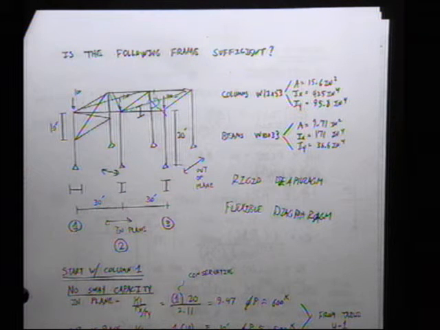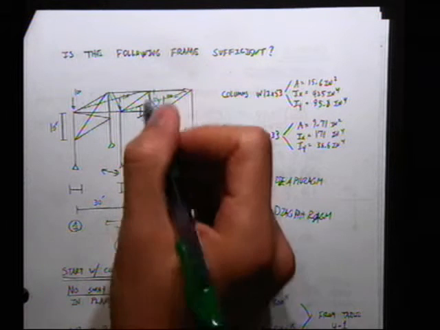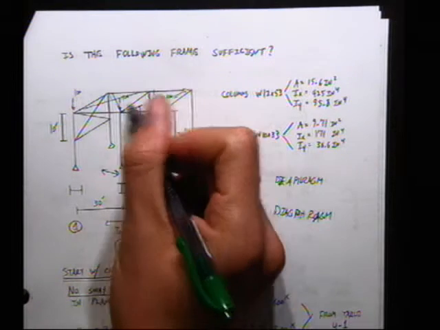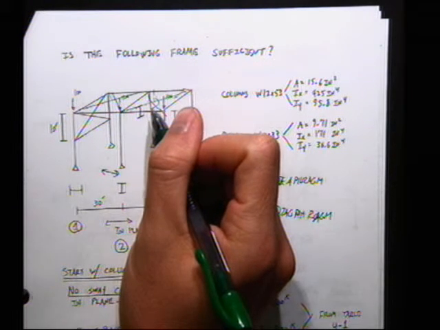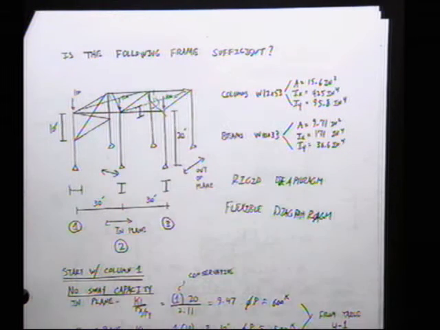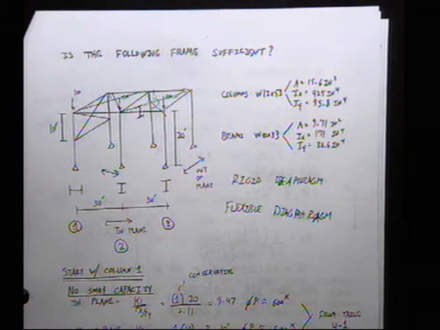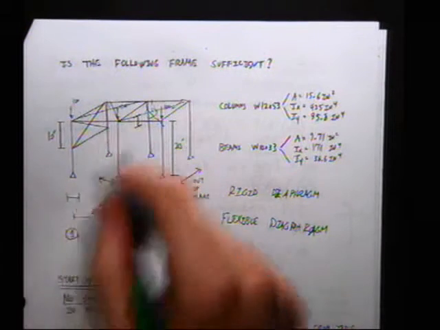Well, it's a very poor detail if the goal is to provide a number of different cross braces. Sometimes what they'll want to do is minimize racking. They'll want to just stiffen the entire structure up.